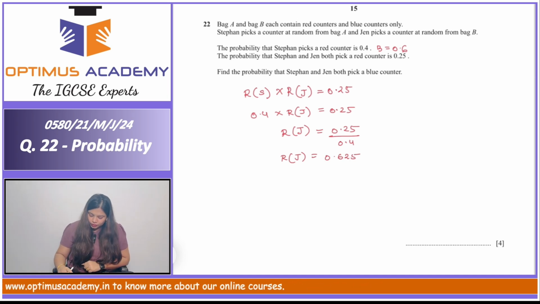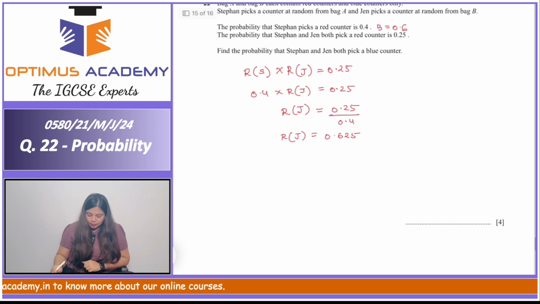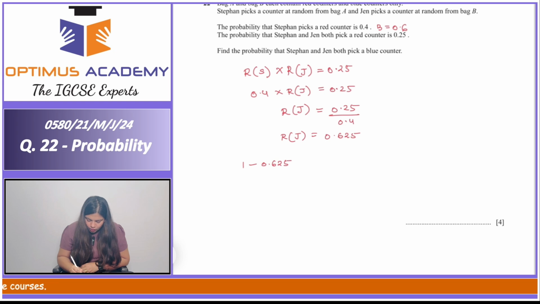Now they are asking us to find the probability that Stephen and Zen both pick a blue counter. So before going further, we will first find the probability of Zen picking a blue counter. That would be 1 minus 0.625, which is 0.375.